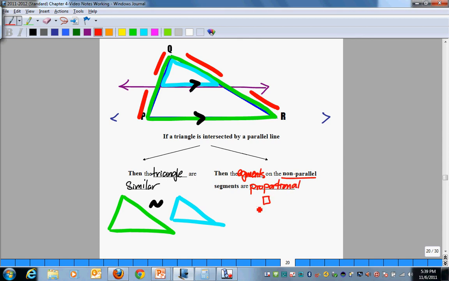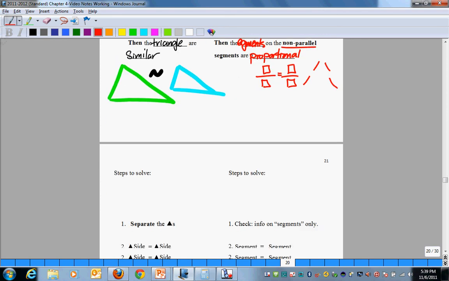Again, proportional means you can make ratios. Those segments, let's draw them out, you can make ratios of them. So when you have parallel lines cutting through triangles, you need to be able to view them in both these methods.